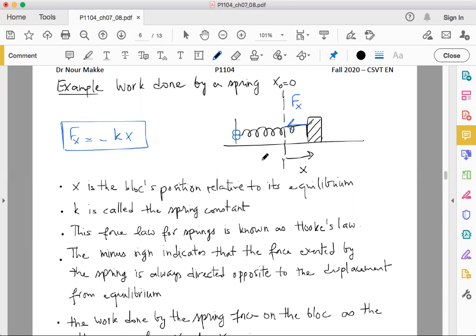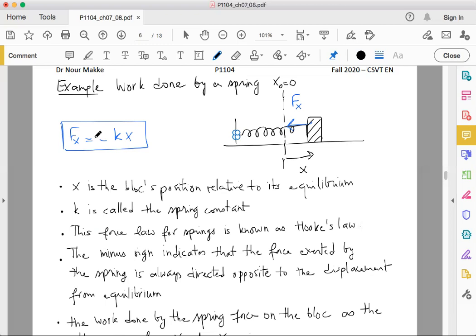So whenever you have a spring, you know that the force of the spring is given by minus kx. And finally, the minus sign indicates that the force exerted by the spring is always directed opposite to the displacement from equilibrium. So practically, the magnitude of the force is given by k multiplied by x.